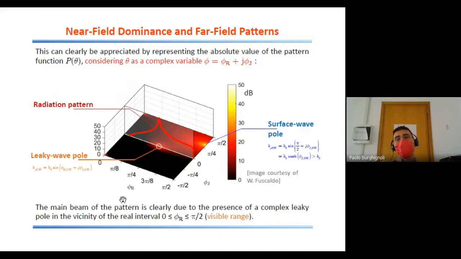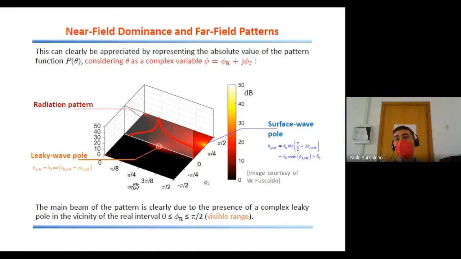When phi_r is equal to pi over 2 and phi_j is equal to 0, here we have the branch point k1. And in this color scale, black indicates lower values of the modulus of the function, whereas white indicates high values.